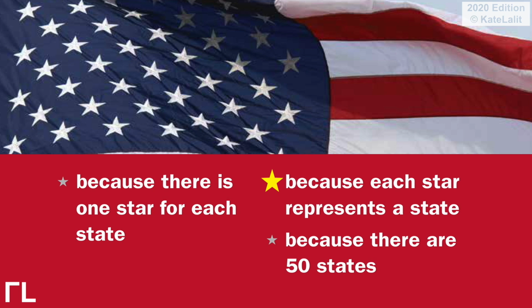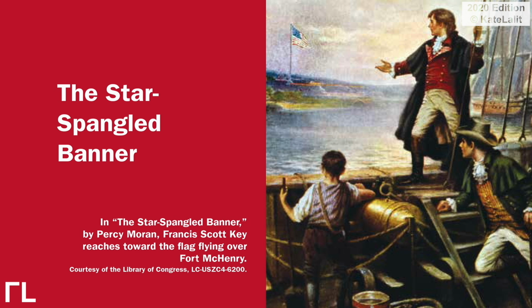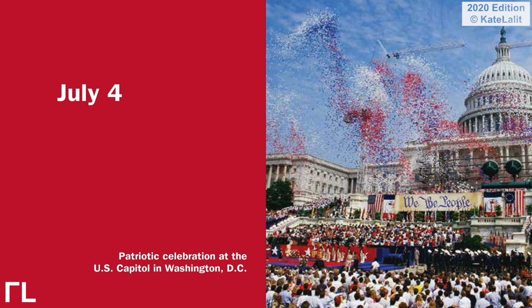Because each star represents a state. Because there are 50 states. What is the name of the national anthem? The Star-Spangled Banner. When do we celebrate Independence Day? July 4th.